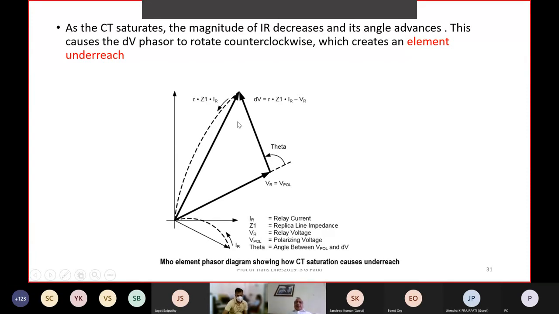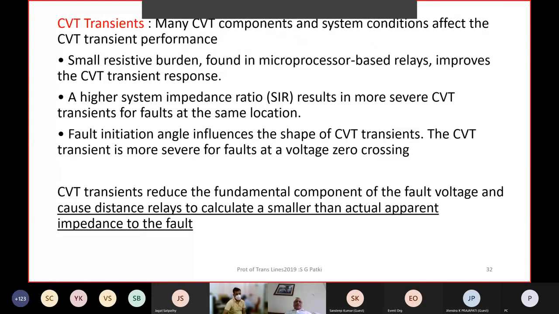This reduction for a few cycles, if the measurement is going on, can cause underreaching of the element because of this measurement in current. Similarly, CVT transients. All the numerical relays nowadays have transient filters which can be used to suppress these transients. Basically, what happens is that it doesn't happen in an electromagnetic PT, but on the CVT secondary, normally there are high frequency transients.